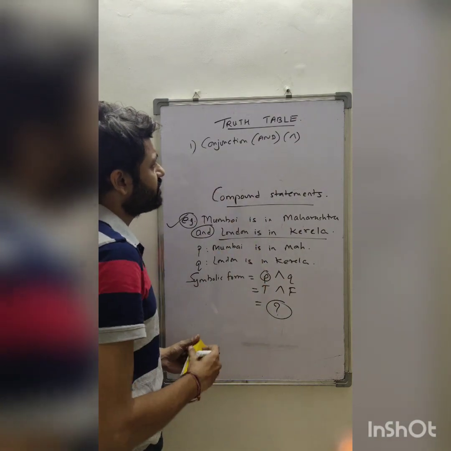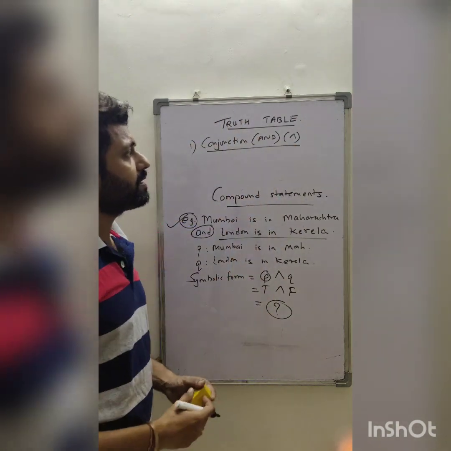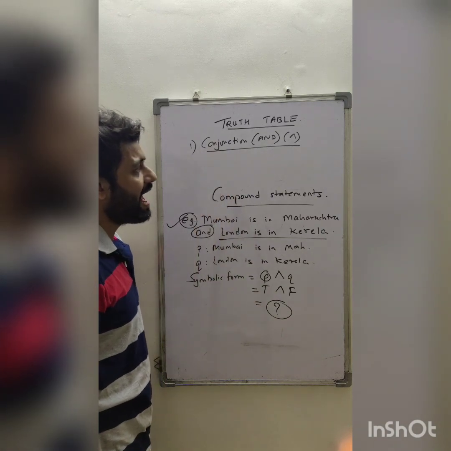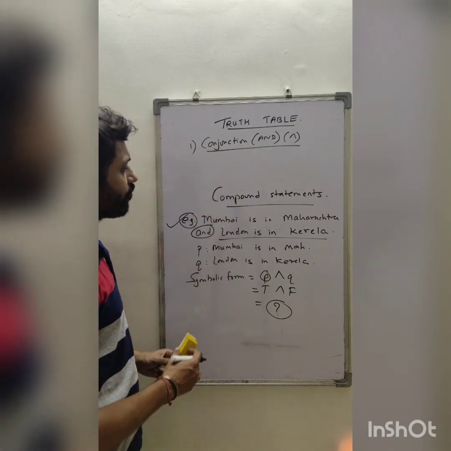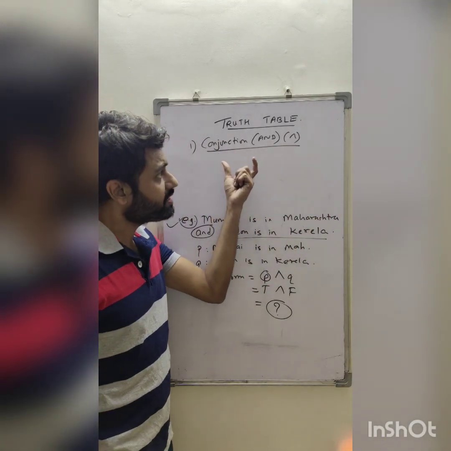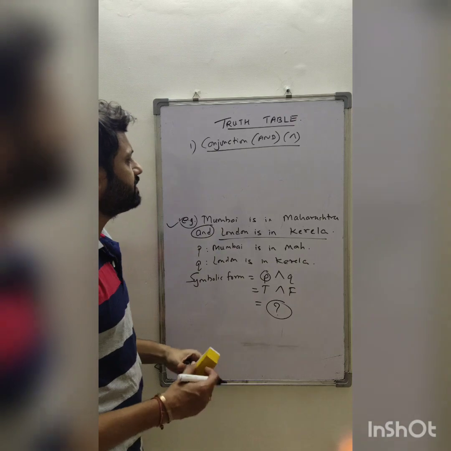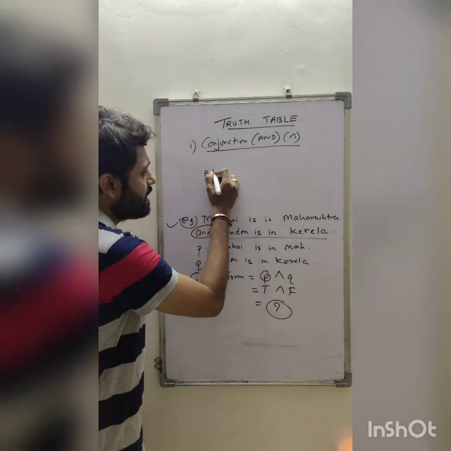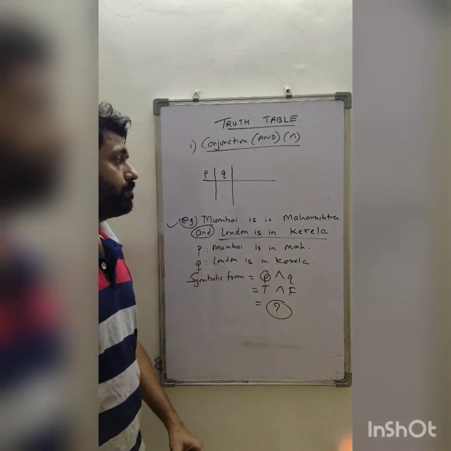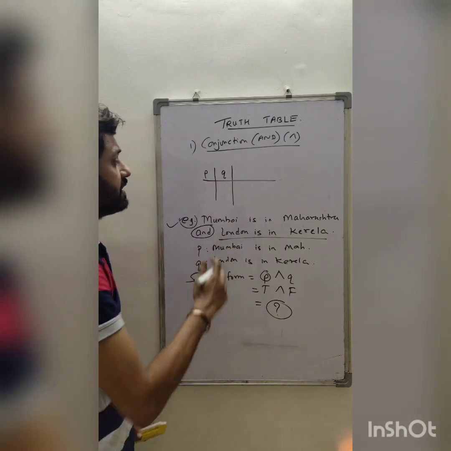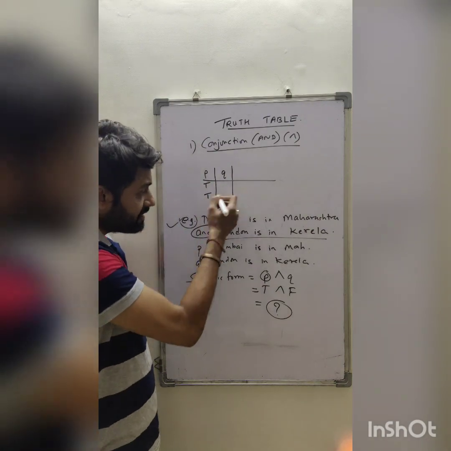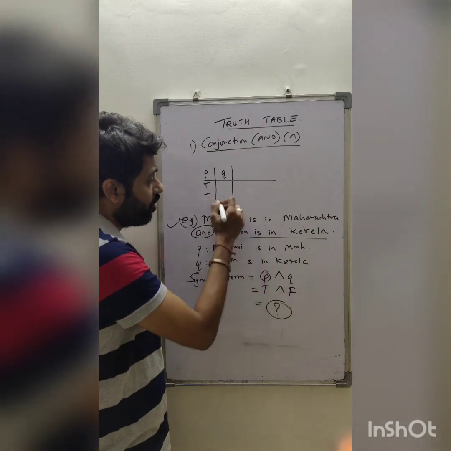This is the first subtopic in the truth table, conjunction. Since we are learning truth table based on compound statements, we have two statements P, Q. Now, the first statement is true and the second statement is false.